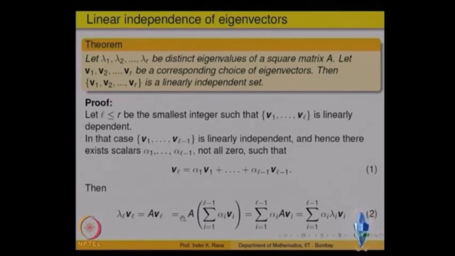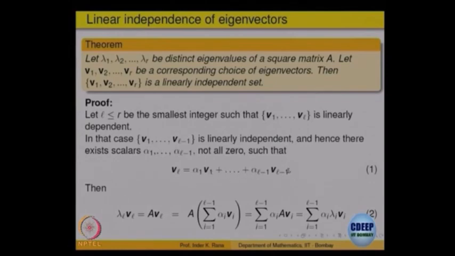So what is A of V_L? Lambda L is an eigenvalue, so lambda L V_L is equal to A of V_L, because V_L is an eigenvector for the eigenvalue lambda L. But what is V_L from this equation?